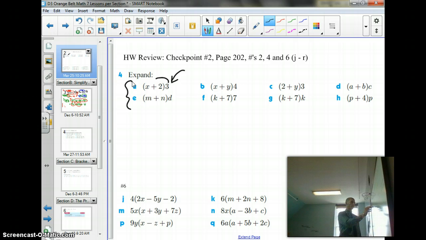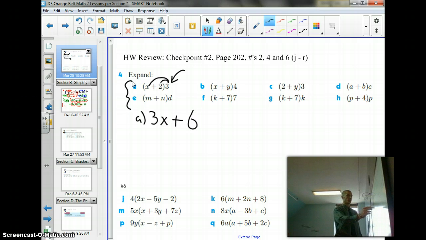So you still will go 3 times x and then 3 times 2. So for A, 3 times x is just going to be 3x plus 3 times 2 is just 6. And that's it. That's all they're asking you to do. There's no solving. That's as far as you go.